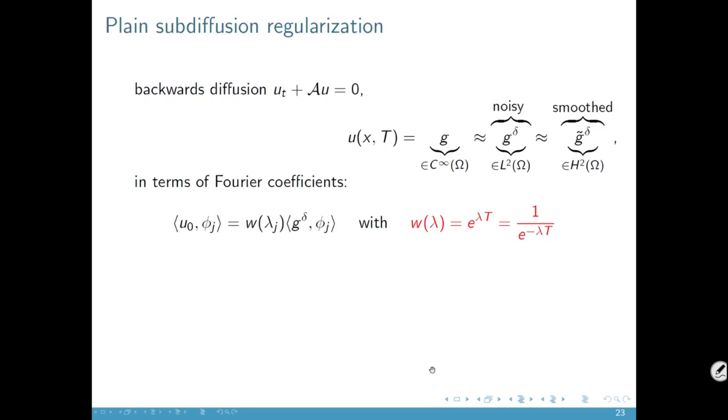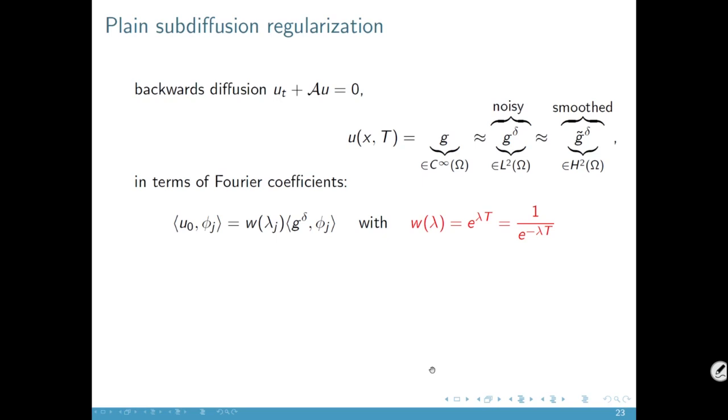So we have exact data, which I denote by G here, then what we are actually given is noisy data. And in a bit, we will also look at the smoothed version of this noisy data. So naturally, the noisy data will be rough, so it will be just an L2 function, whereas the exact one, the true one, will be a C infinity function due to the smoothing property of the solution of the heat equation.